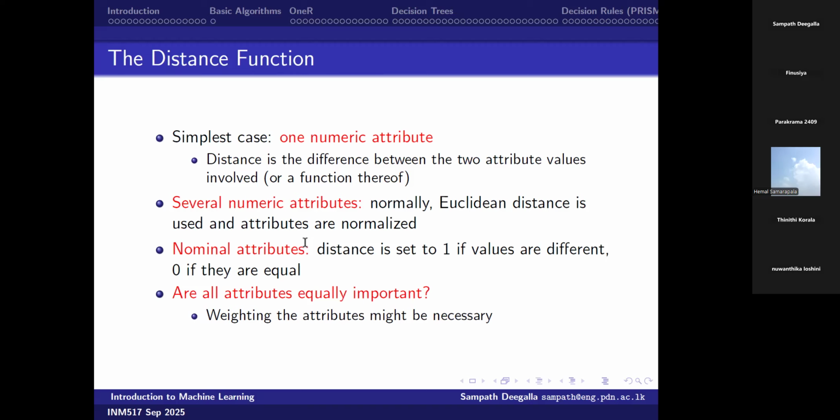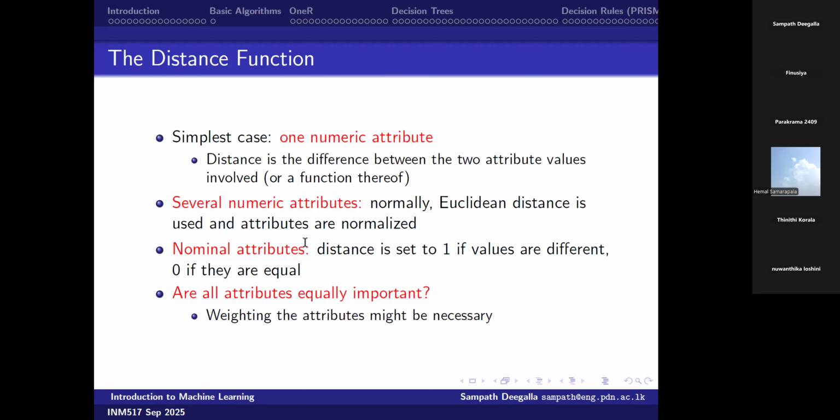Finally, there's another question. Remember, we are calculating distances. Then the natural question is, are all attributes equally important? Why? Because how important these are is very important, and we can use different weights here.